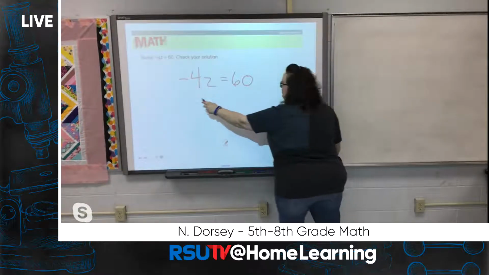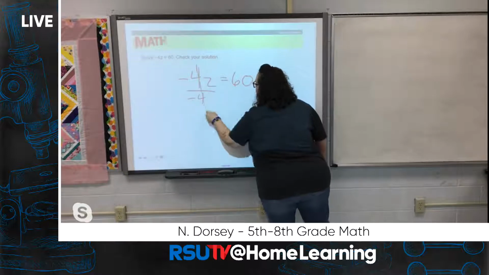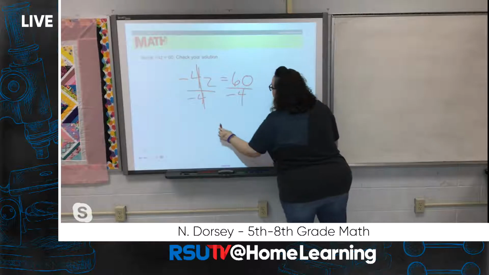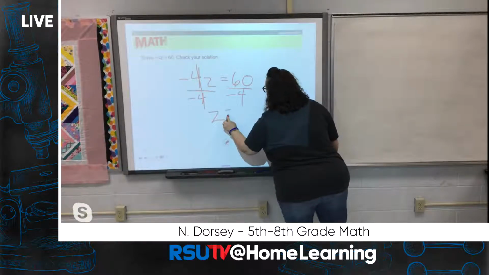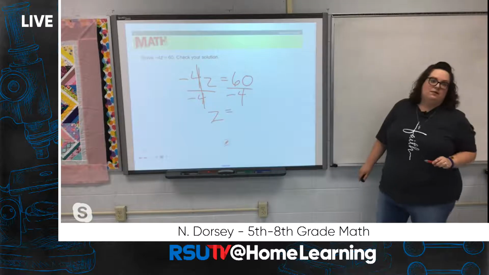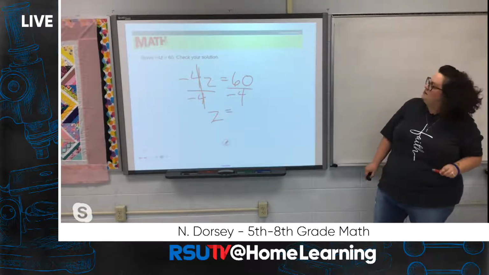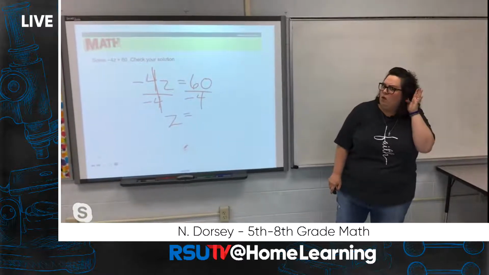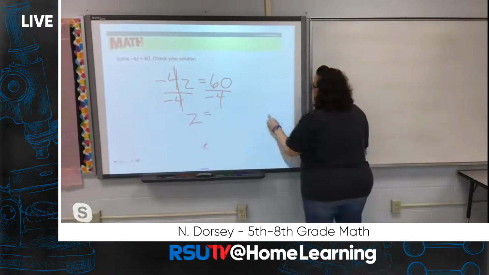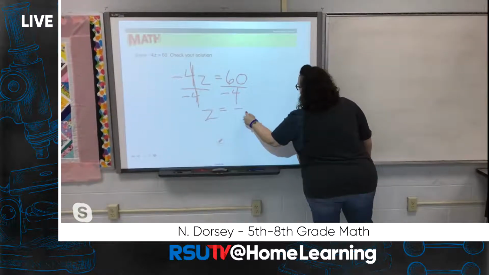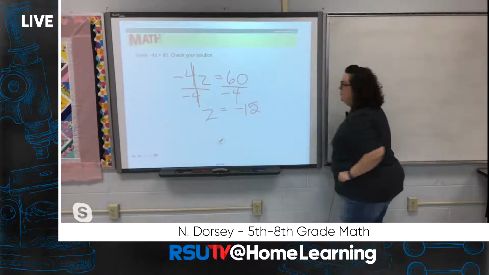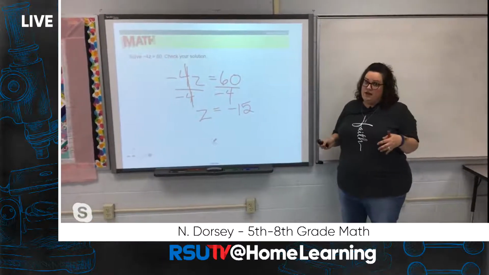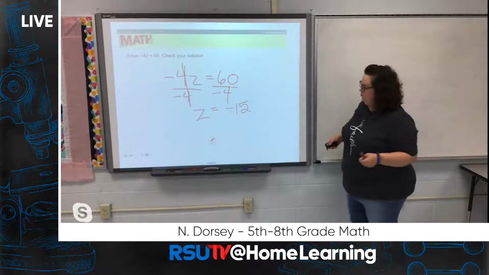I divide both sides by -4, and z equals, anybody want to tell me what 60 divided by 4 is? Anybody at home? 15. -15. Don't forget that negative. Opposite signs, when you're multiplying or dividing, your answer is always going to be negative. Okay?